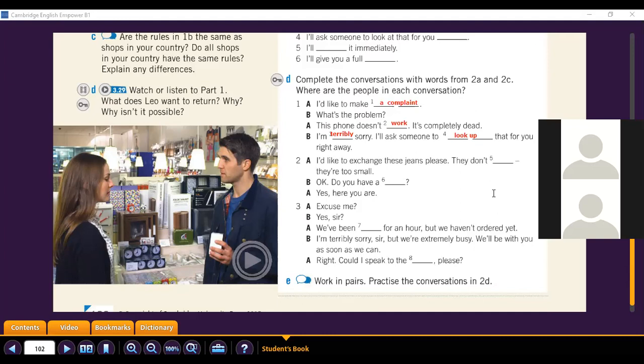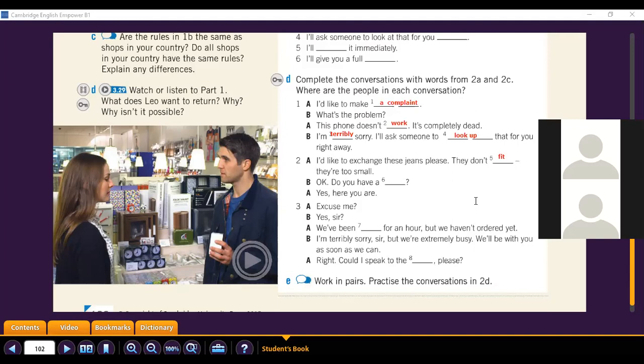What about number 2? I'd like to exchange these jeans, please. They don't fit. No me quedan, ¿no es cierto? They don't fit. A eso se refiere esta frase. They don't fit.